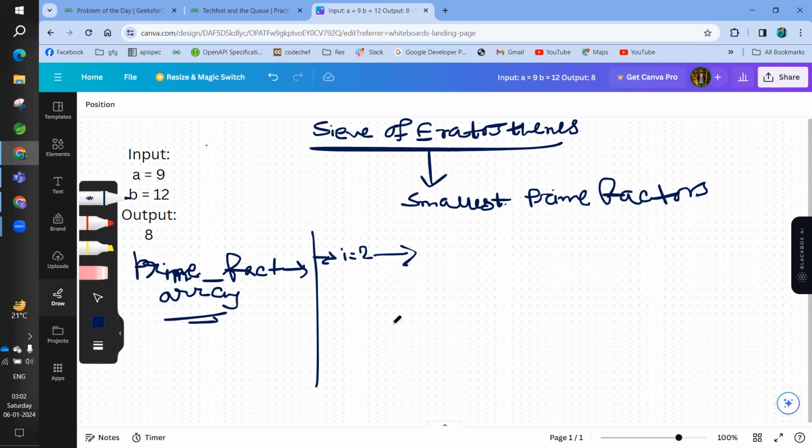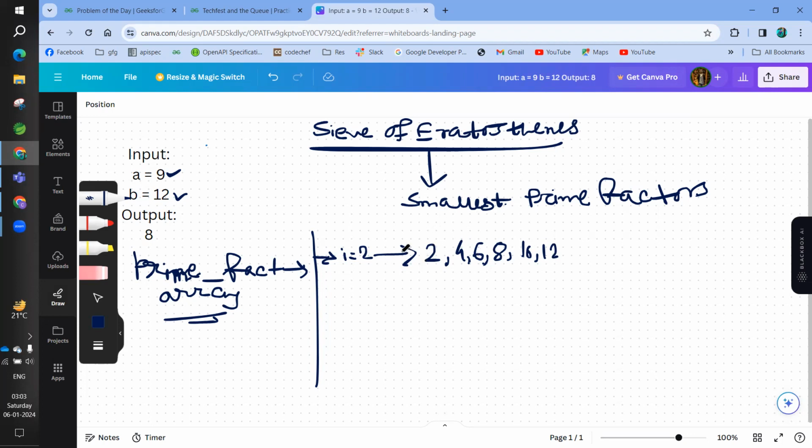According to that, you will do the multiplications of it. Here A is 9, B is 12. So here we will just multiply 2 one by one up to 12. So 2, 4, 6, 8, 10, 12.